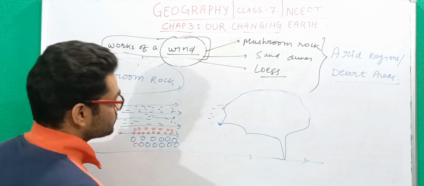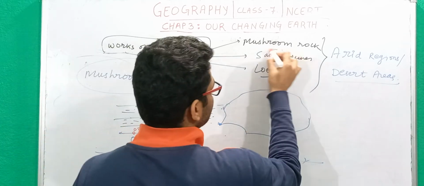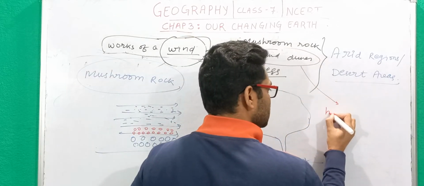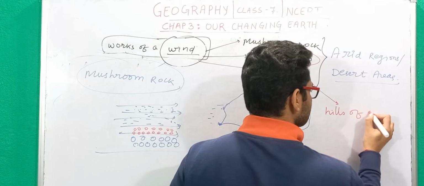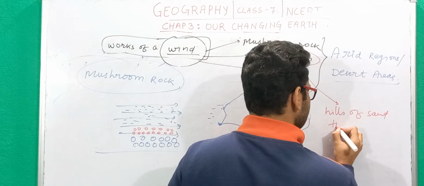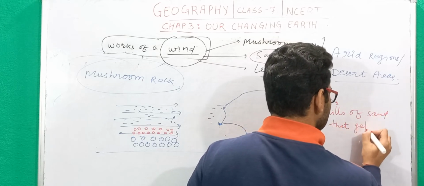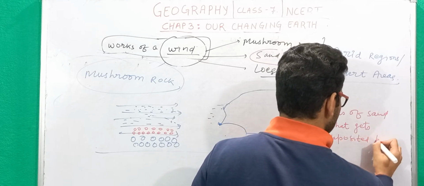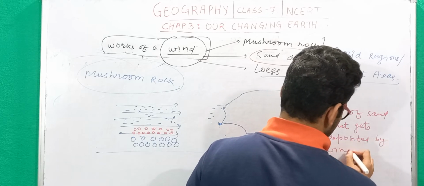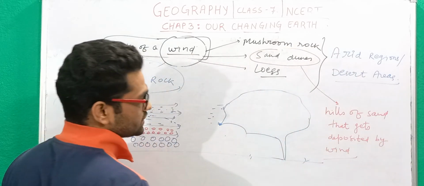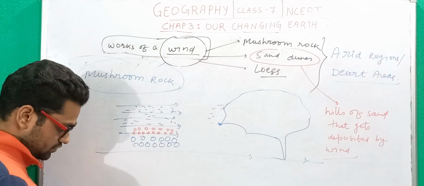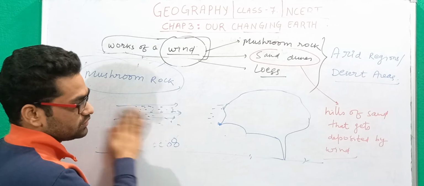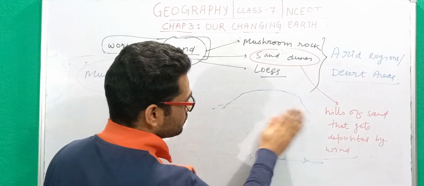Now what are sand dunes? Sand dunes are basically hills of sand that get deposited by wind. Of course this is also a phenomenon that you will find in the arid regions or the desert area.